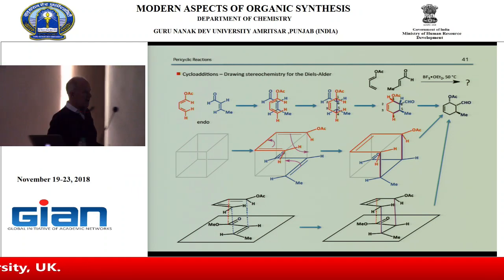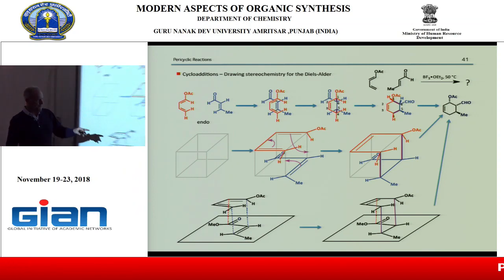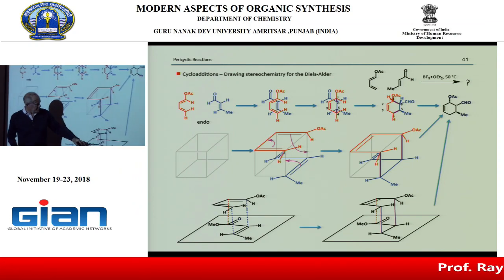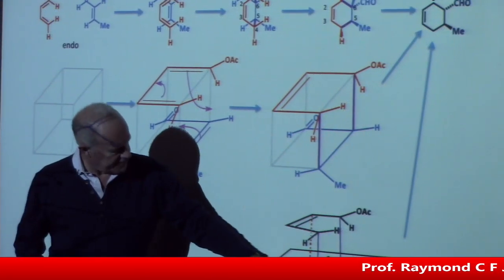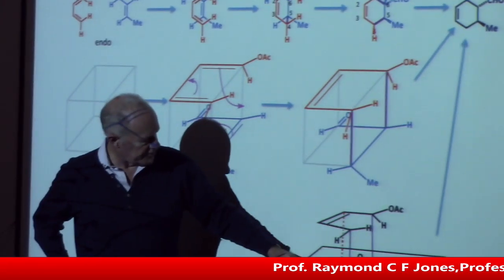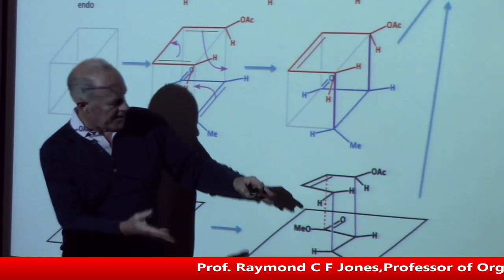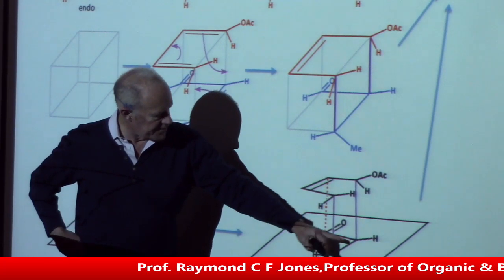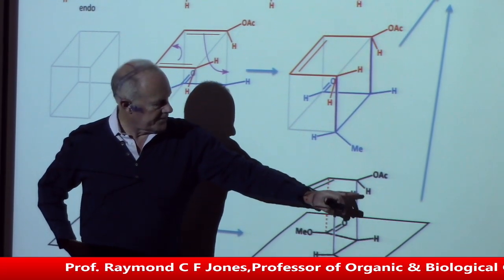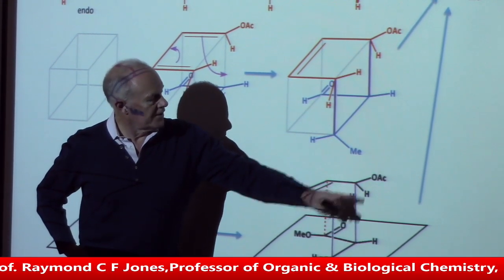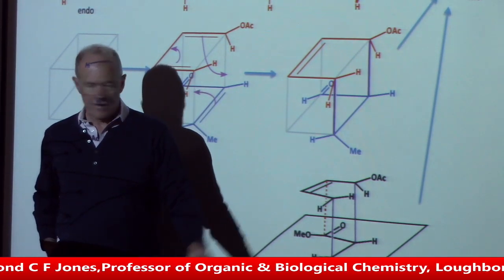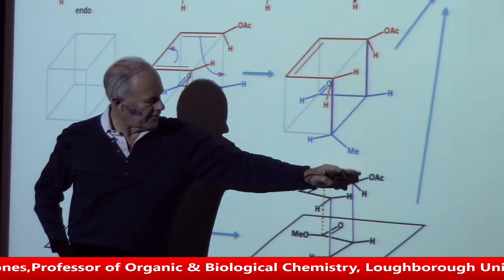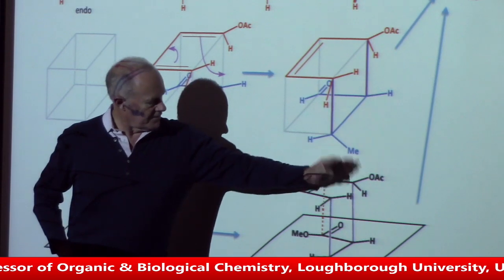Well, the same here. Here's your sort of folded structure. If I unfold this, then the methyl, that hydrogen, and that hydrogen are all going to be on the same face, because as I open this out, this acetate is going to go this way.